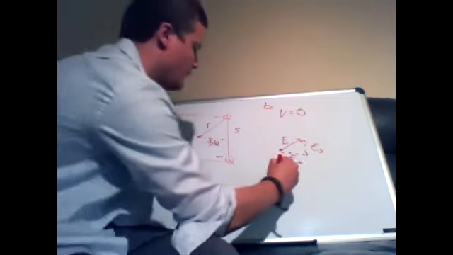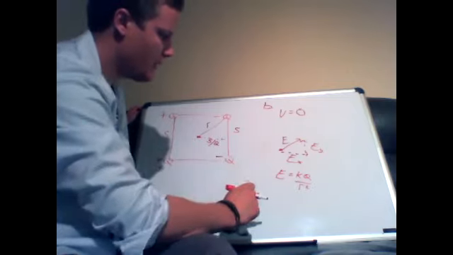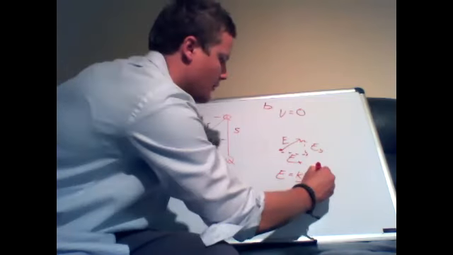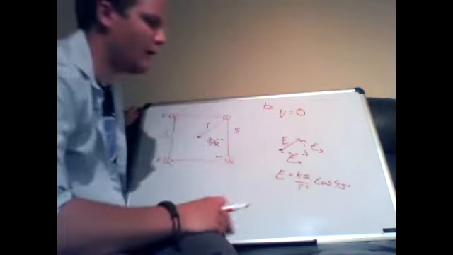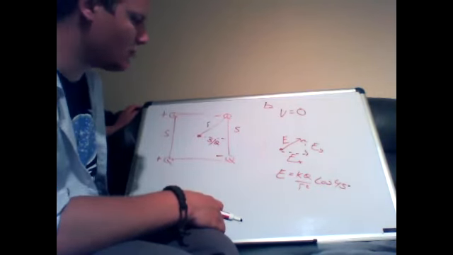Okay, well, the electric field, we already said, is equal to KQ over R squared. And to find the X component, this part right here, which is what we're interested in, we just multiply that by cosine of 45. This is a 45, 45, 90 triangle. Cosine of 45 is equal to the square root of 2 over 2.